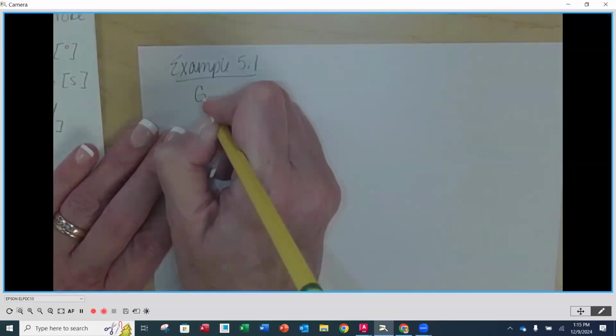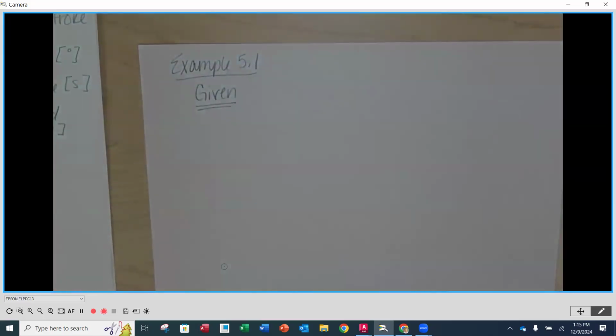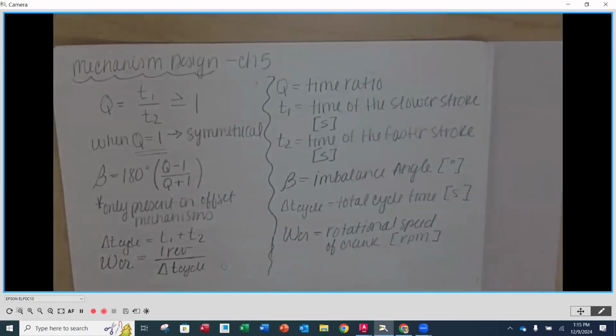Okay, and let's identify what we're given in the problem first. It says a quick return mechanism is to be designed where the outward stroke consumes 1.2 seconds. That's giving us a time, right? And we have two times: 1.2 seconds for the outward stroke, and the return stroke is 0.8.